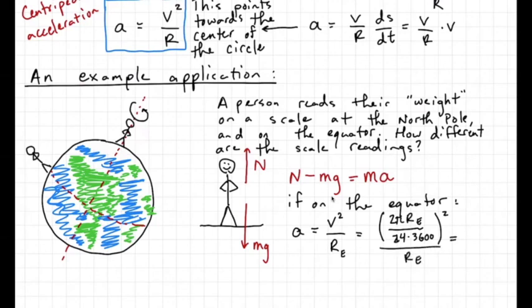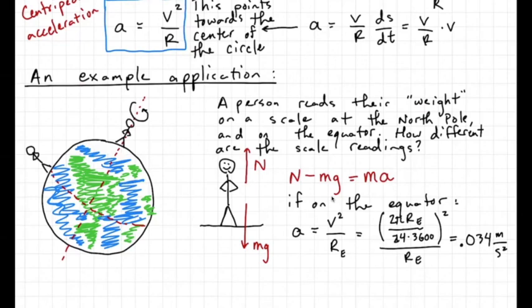If you work this out, which you can look up Earth's radius, which is about 6,000 kilometers, 6 million meters, then you end up with like 0.034 meters per second squared, which is a small number, but maybe bigger than you would expect. That's not an acceleration so small that we can't measure it, for example.